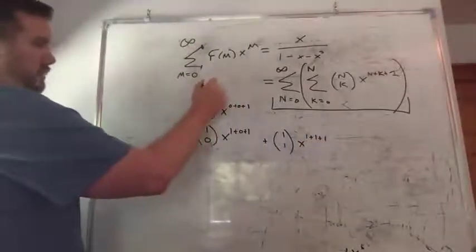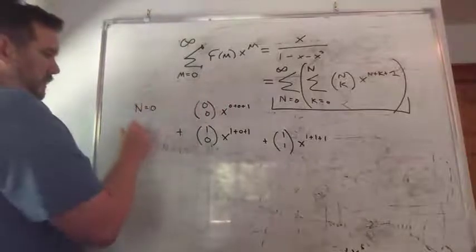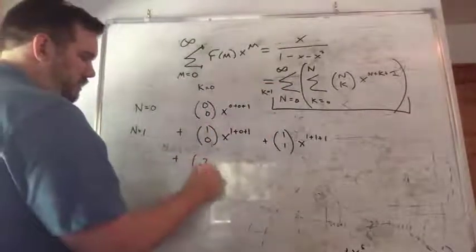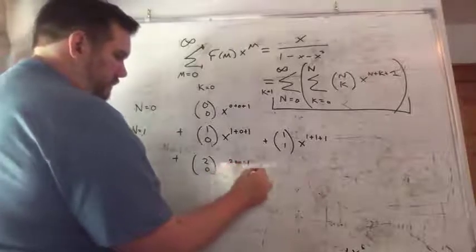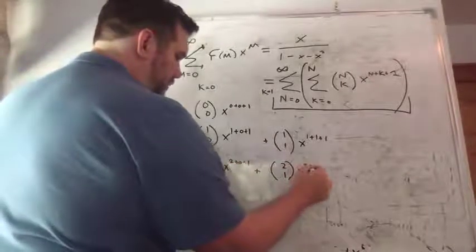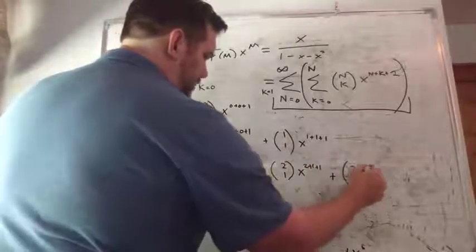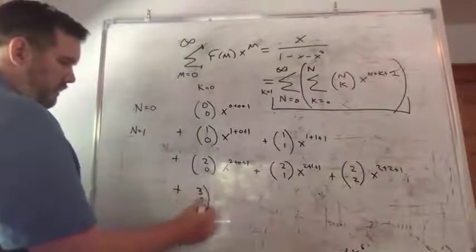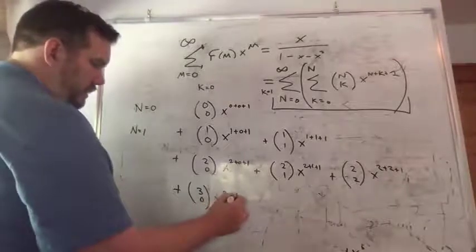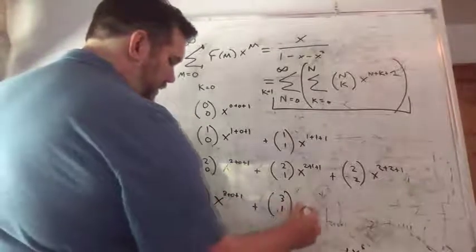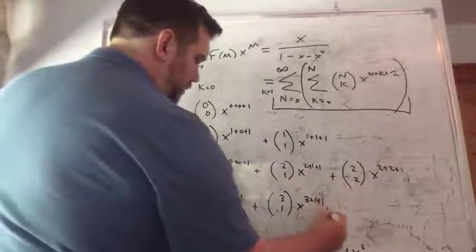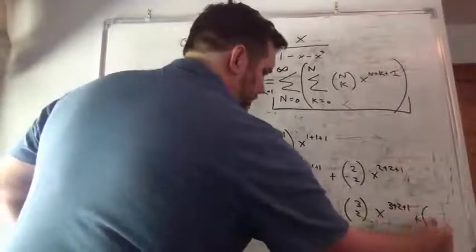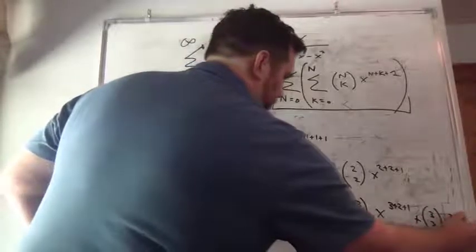So here n is 0, here n is 1, here k is 0, here k is 1, plus 2 choose 0, x to the 2 plus 0 plus 1, plus 2 choose 1, x to the 2 plus 1 plus 1, plus 2 choose 2, x to the 2 plus 2 plus 1, plus 3 choose 0, x to the 3 plus 0 plus 1, plus 3 choose 1, x to the 3 plus 1 plus 1, plus 3 choose 2, x to the 3 plus 2 plus 1, plus 3 choose 3, x to the 3 plus 3 plus 1.